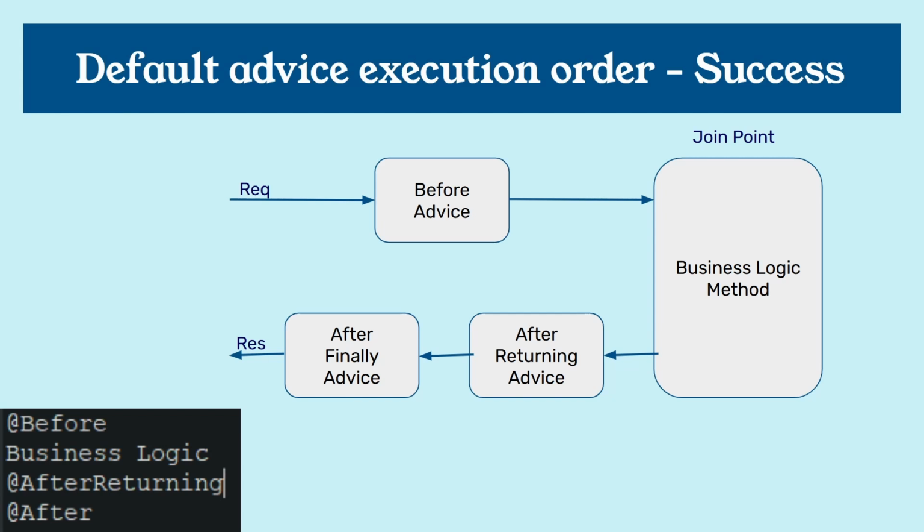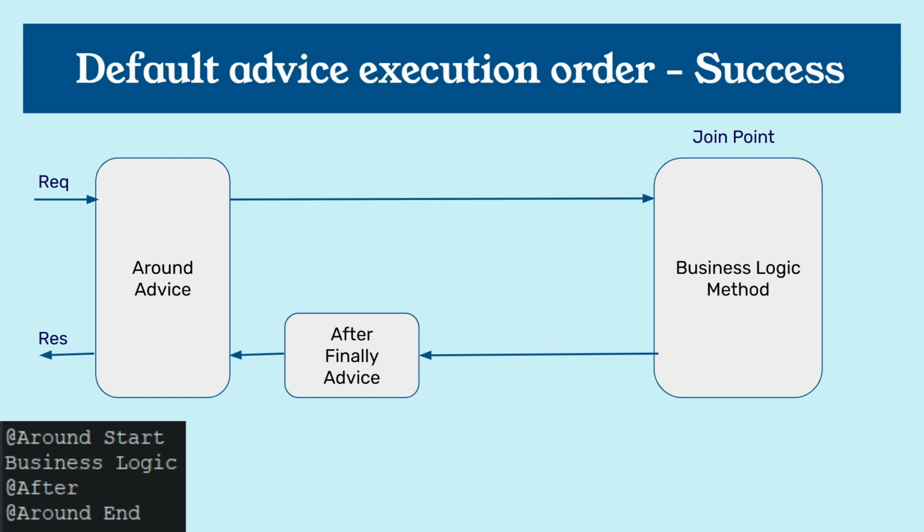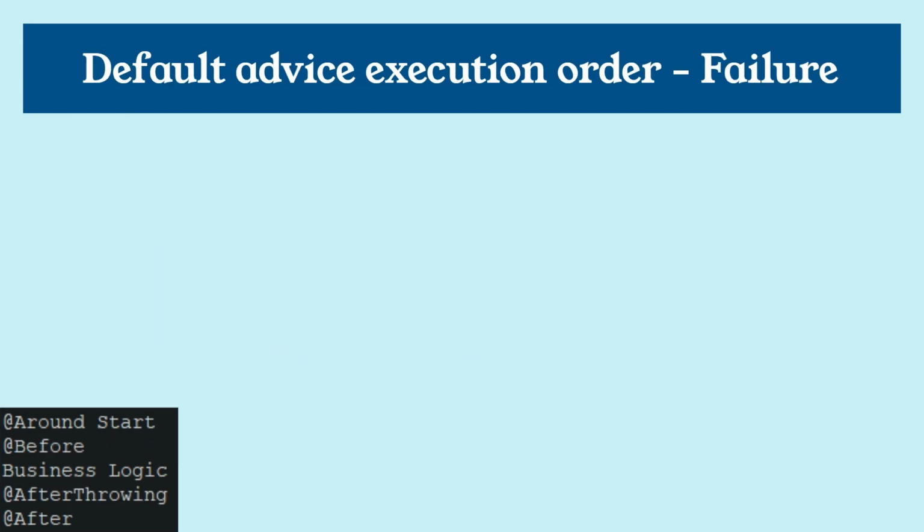And suppose the before advice and the after returning advice were not present, but the around advice and after finally advice were present, then this is how the flow of execution of the advices and the business logic takes place.